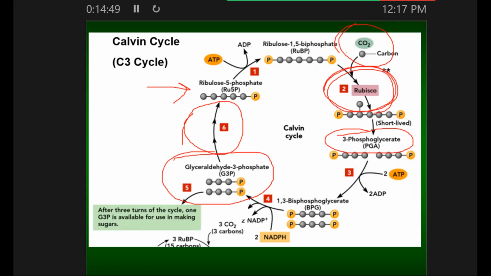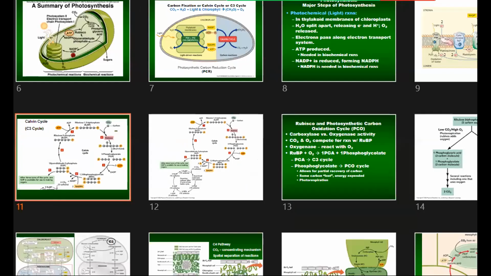As long as it takes CO2 into its active site and RUBP into its active site, boom, it's just going to happen. Those will react and you'll get your PGA eventually. Well, this is a very unusual enzyme. There's only a handful of enzymes that are similar to this.